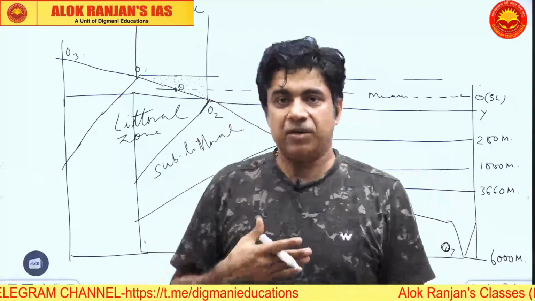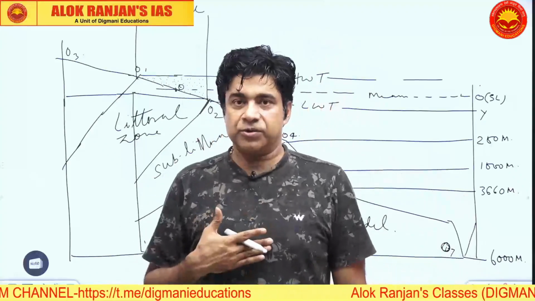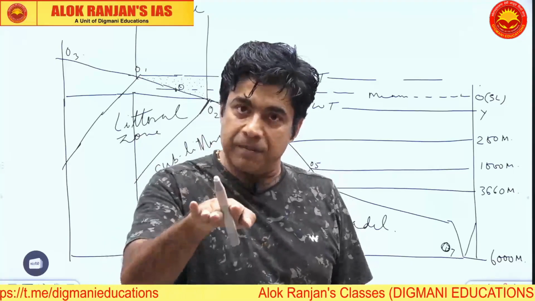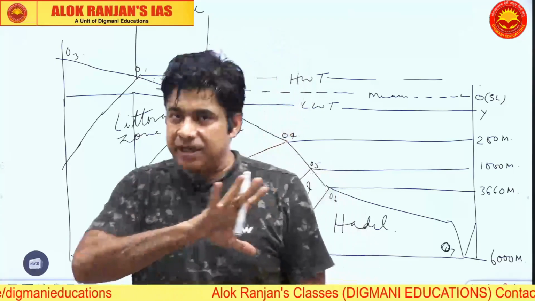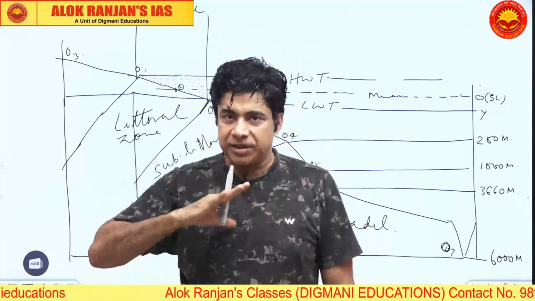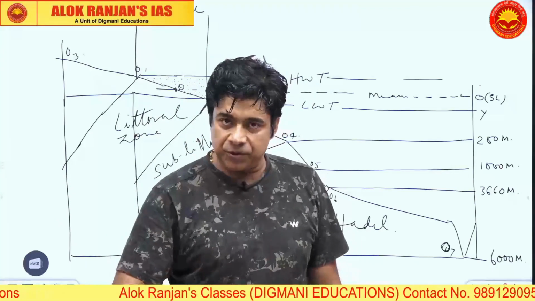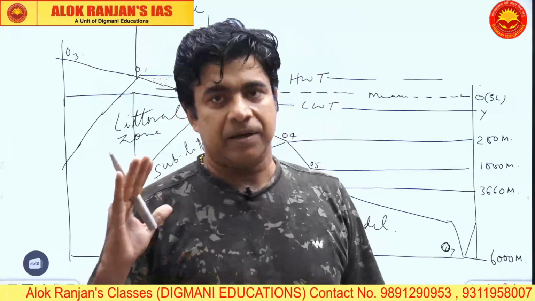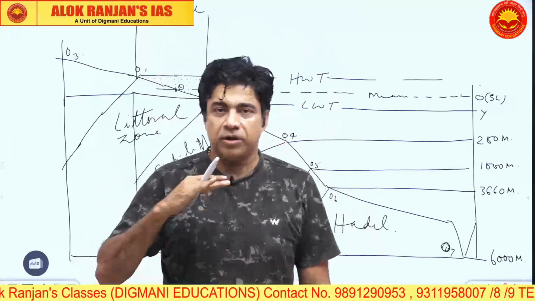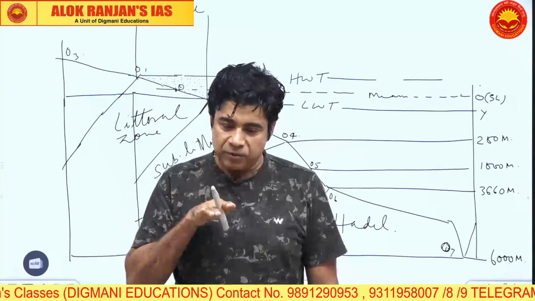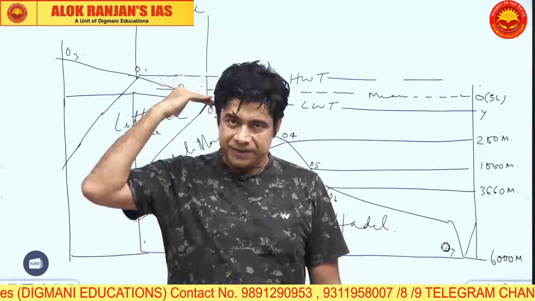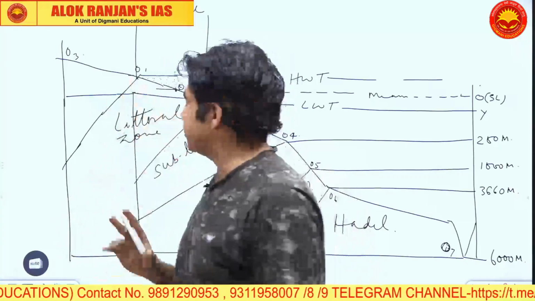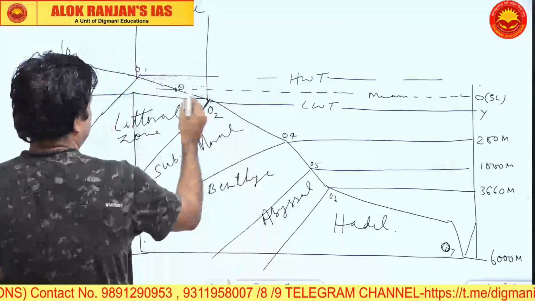Say we are along the coastline and we are walking on the surface of the water. Remember, we are not going in the depth of water. As we go in the depth of water, we have littoral, sublittoral, benthic, and so on. Now, if we move on the surface of the water, the first zone will again be called littoral zone. So littoral zone is between the high water tide and the low water tide.